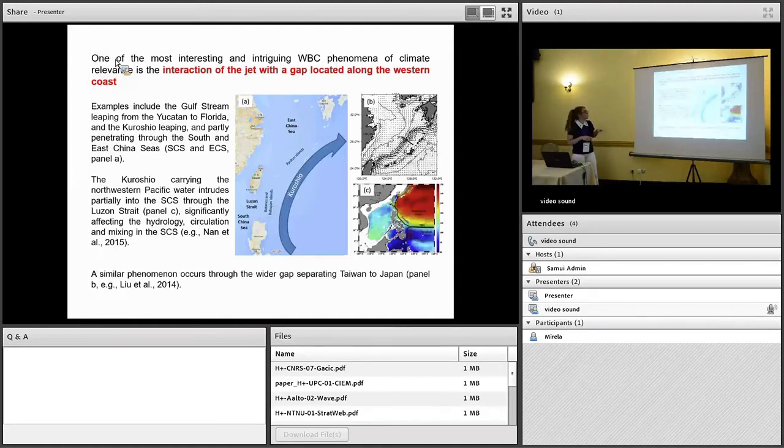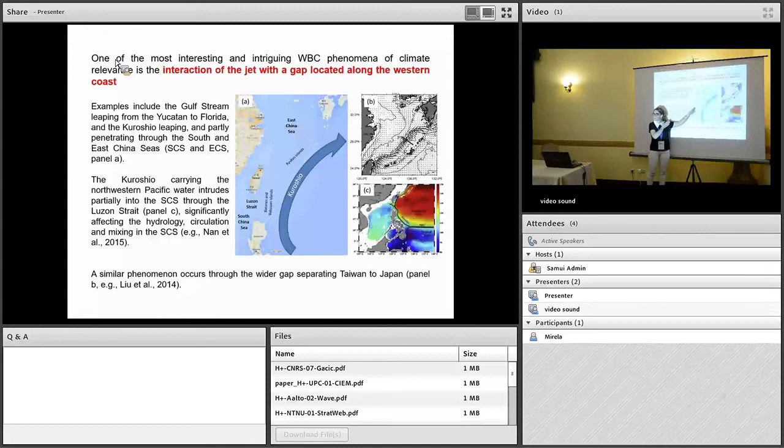We focus here on the Kuroshio current in front of China. The basic question here, and the novelty of this project, is to see what happens with these western boundary currents, with these jets, when they interact with gaps, which are represented here, for example, by the Luzon Strait.